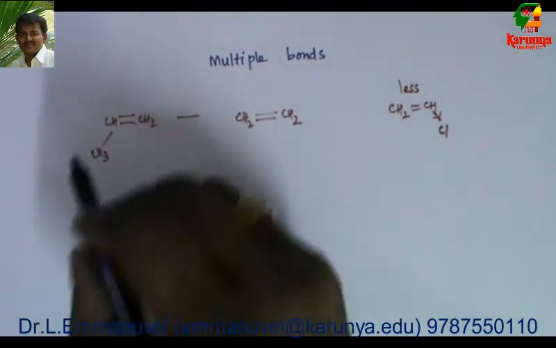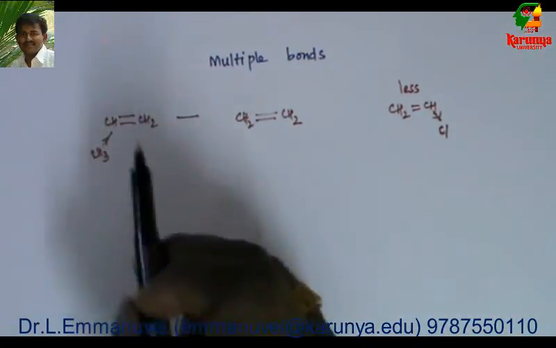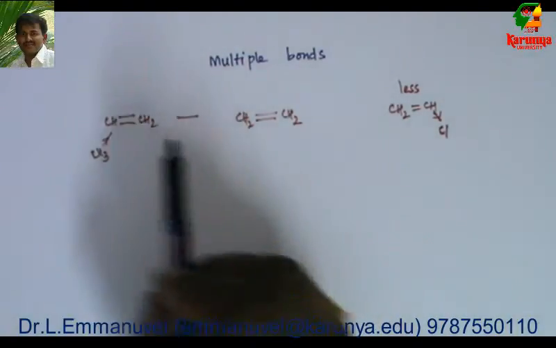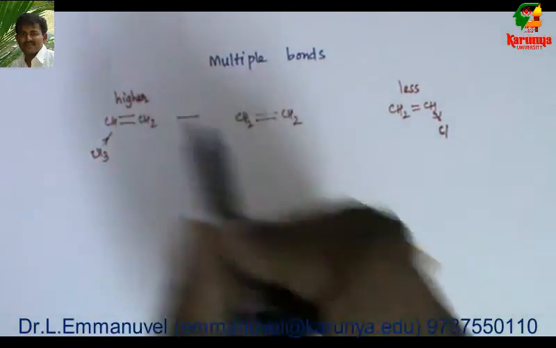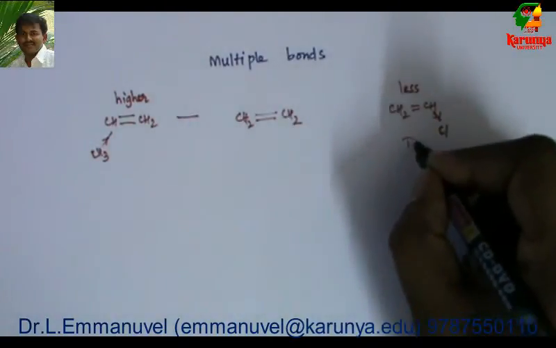On the other hand, this CH3 can give some electron density to the alkene. So because of that, this has higher electron density than this. If you go for the increasing order, the first one will be this.